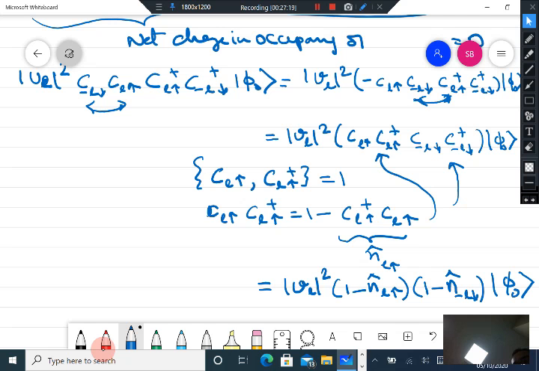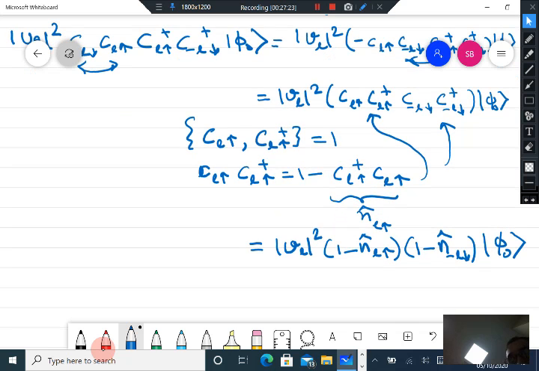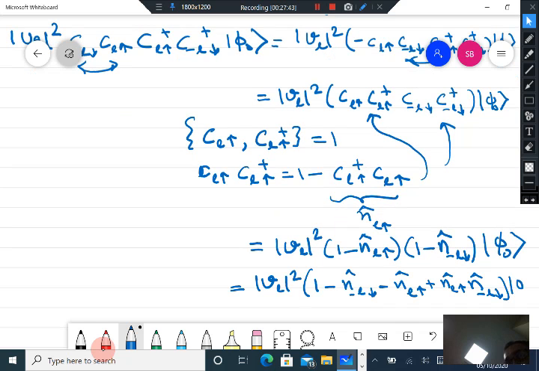Now this is the number operator. This can be written of course as, you can open out this product, |VL|² times 1 minus N minus L down, minus NL up plus NL up into N minus L down, acting on phi naught.